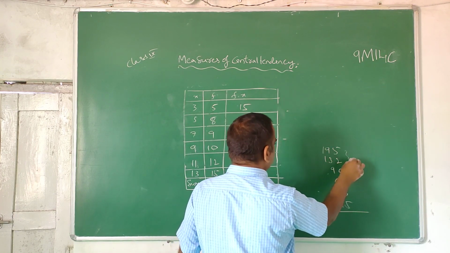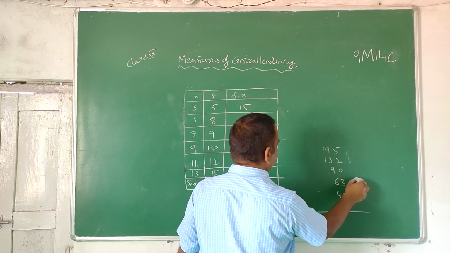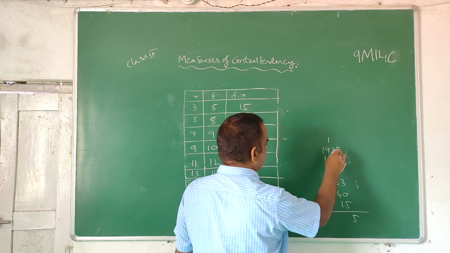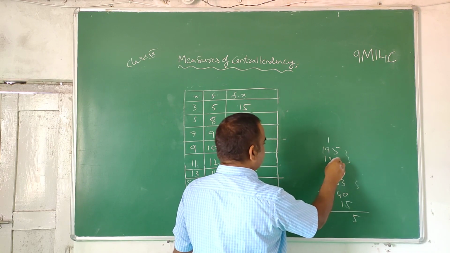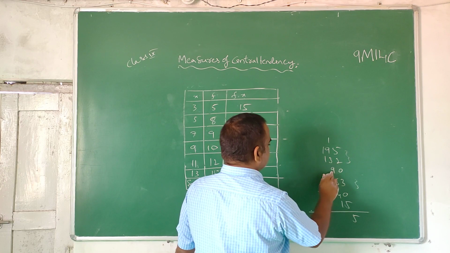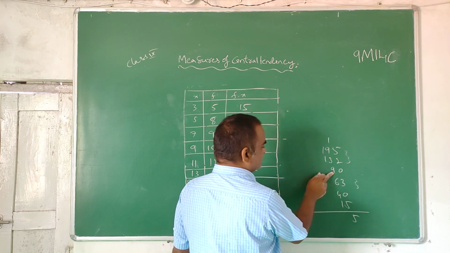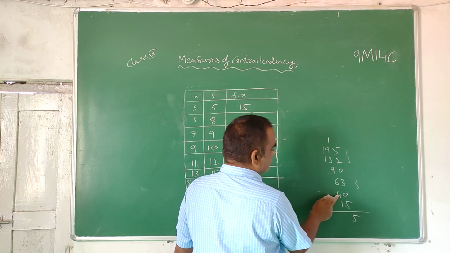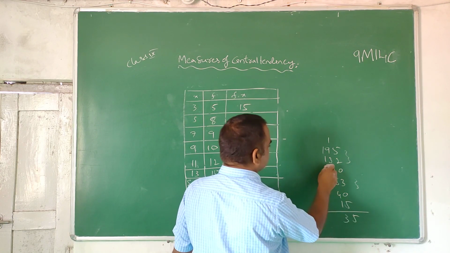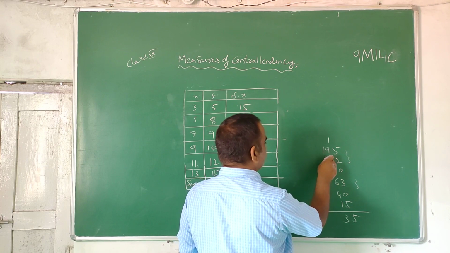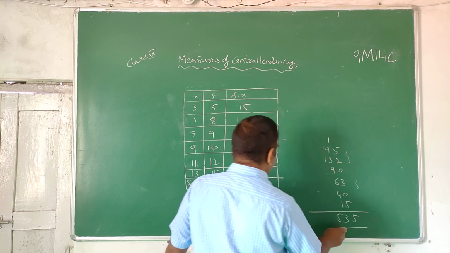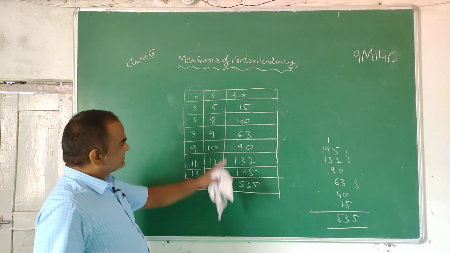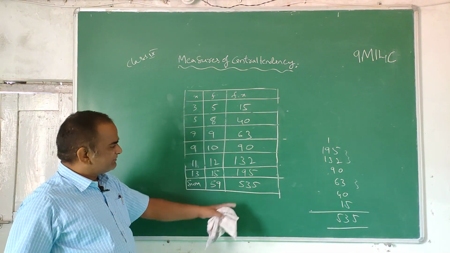Go for addition. 5 plus 2 is 7, 7 plus 3 is 10, 10 plus 5 is 15. Carry on through the tens and hundreds. So this sum is 535. Right? The sum of these products is 535.